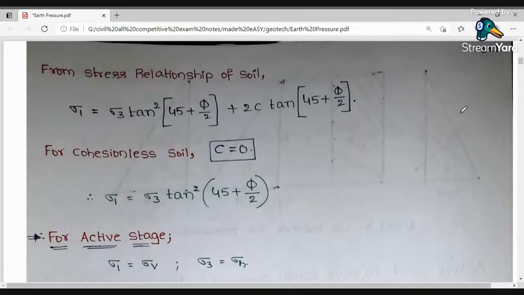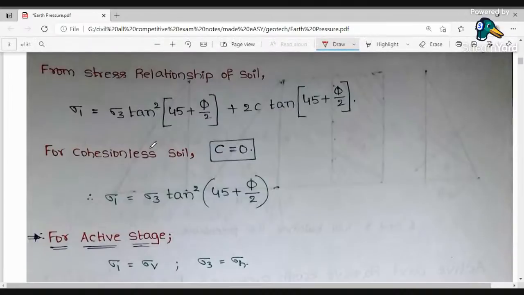So we'll look into the stress relationship in the soil. Here this expression is sigma 1. Sigma 1 is nothing but the normal stress. Sigma 3 is basically the minor stress, and sigma 1 is the major stress. From the Mohr-Coulomb failure, we'll get this expression.